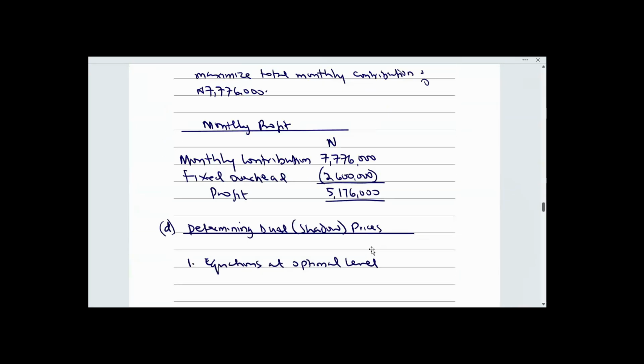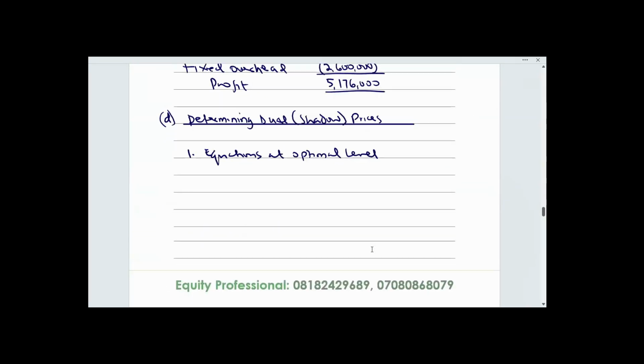So I will come here. Equations at optimal level of activity, that is point Y. At point Y, we have 5A plus 2B equal to 48,000.